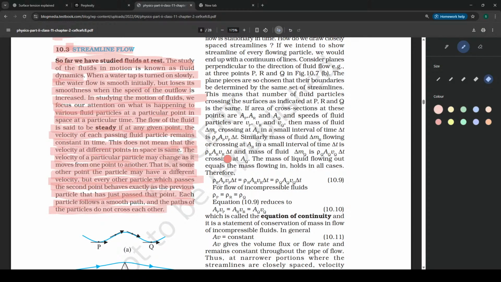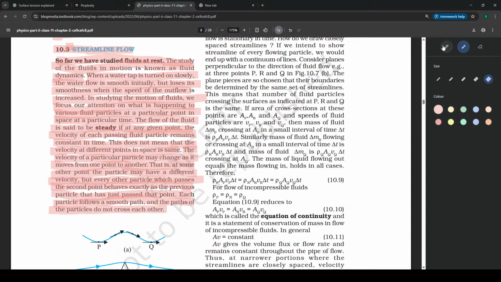Normally, we define steady flow of water as when, in the flow of water, all particles of water at a certain point in space have the same velocity.